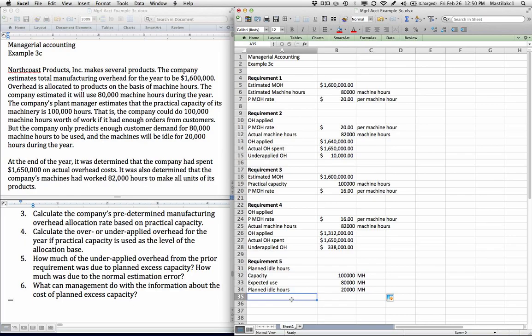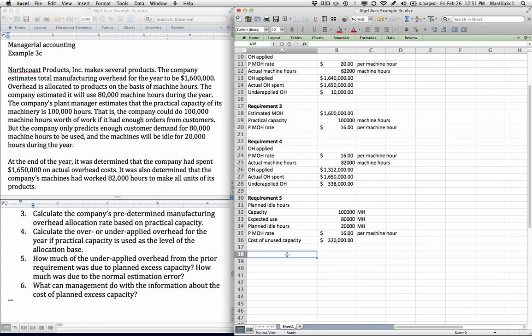And we can take our planned idle hours times our predetermined manufacturing overhead rate of $16 per machine hour. Really, the 20,000 machine hours we plan not to use times the $16 per machine hour is, in a sense, an estimate of our cost of unused capacity. In other words, we knew before the year started that we were going to have excess capacity of about $320,000.